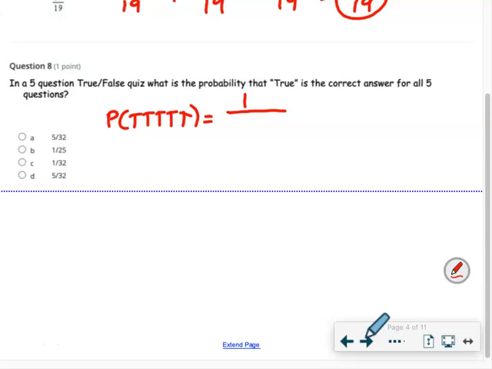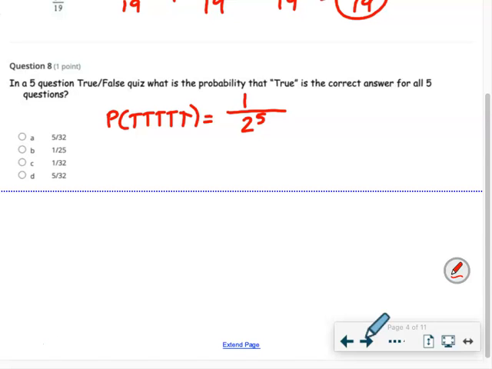We have to think about the number of ways that this answer key could work out. There's 5 questions that each have 2 options, so I'm going to write that as 2 to the 5th. There's 2 options for each problem, either true or false.